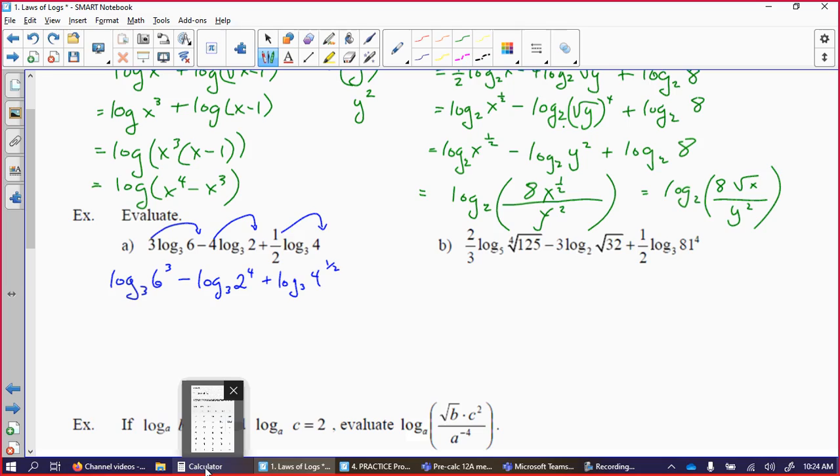6 sixes are 36, 180 plus 36 is, but I can evaluate that. That's 216. 2 to the fourth is 2, 4, 8, 16, plus 4 to the 1/2 is 2.